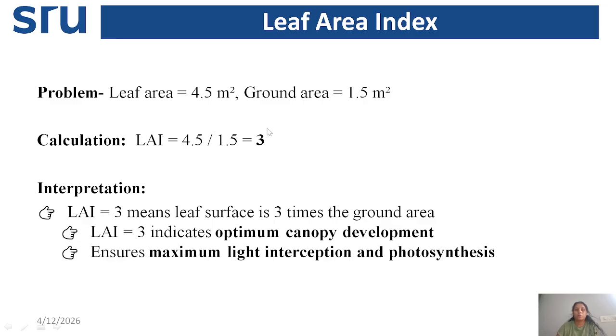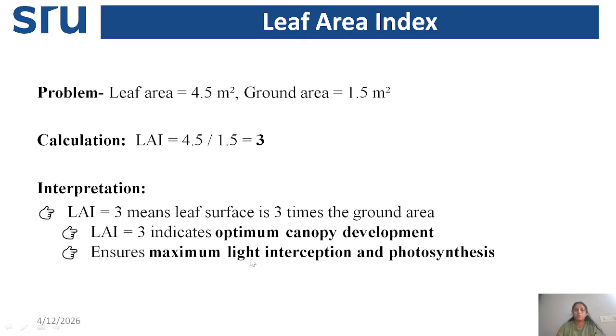So what do we mean by this value? A value of 3 means the leaf surface is 3 times the ground area. 3 indicates optimum canopy development. Based on the leaf development, we will know the leaf area index. If the area of the leaf is more, then the leaf area index value is also high.